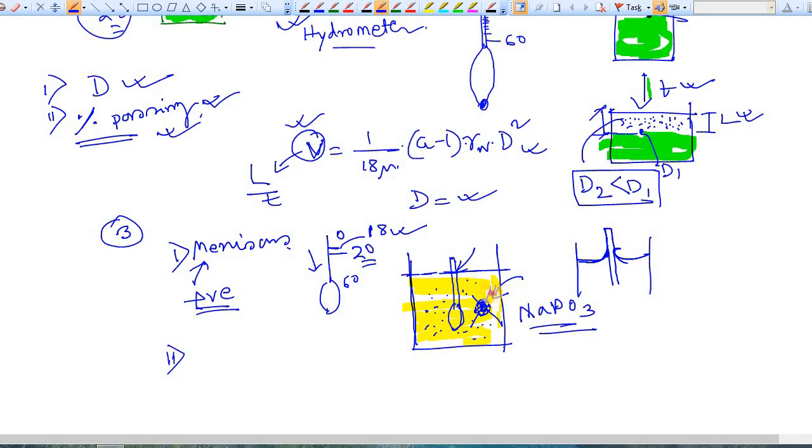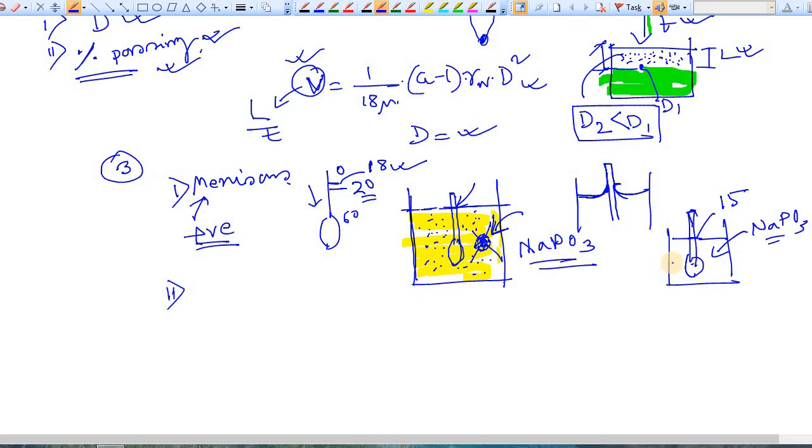So obviously, due to this addition, the density of the solution will increase. Initially, let's say the density was such that the reading was here, and it was, let's say, 15. Once you add this agent, sodium phosphate, the deflocculating agent, the density increases, so it will simply uplift the hydrometer.